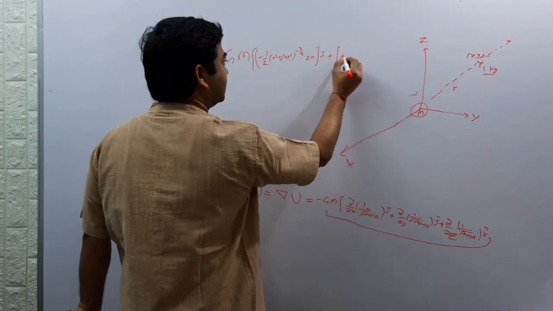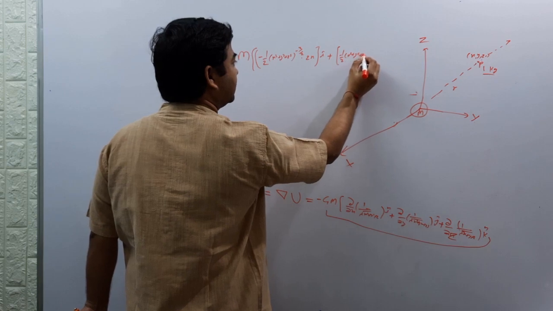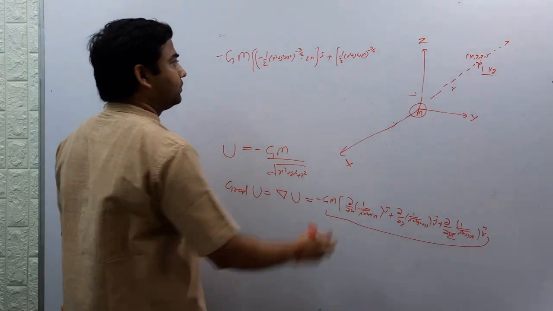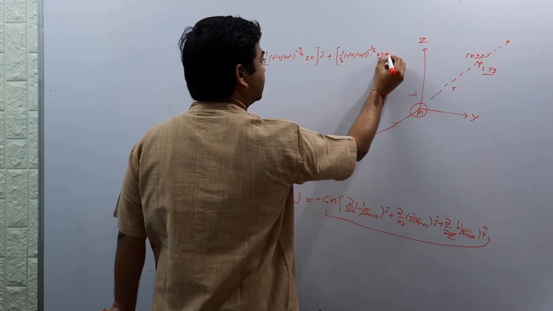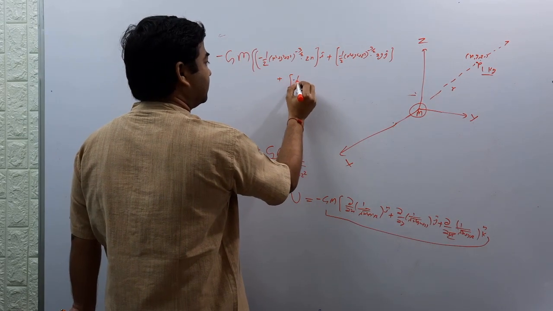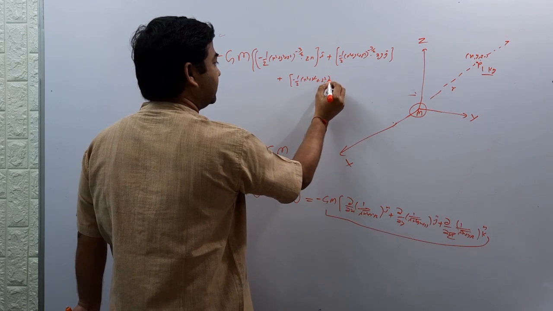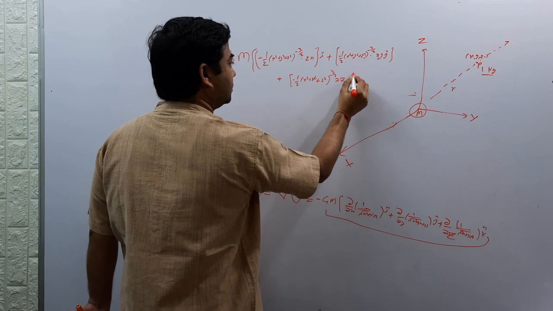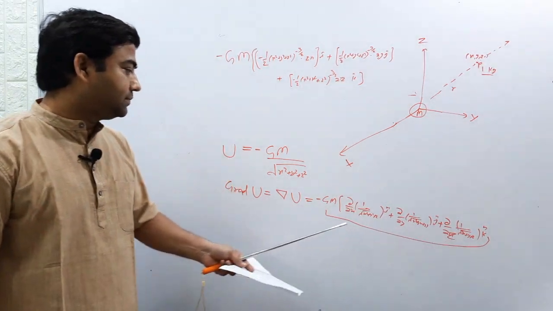Similarly, minus 1 by 2 (x square plus y square plus z square) power minus 3 by 2 into 2y, j, plus minus 1 by 2 (x square plus y square plus z square) power minus 3 by 2 into 2z, k.